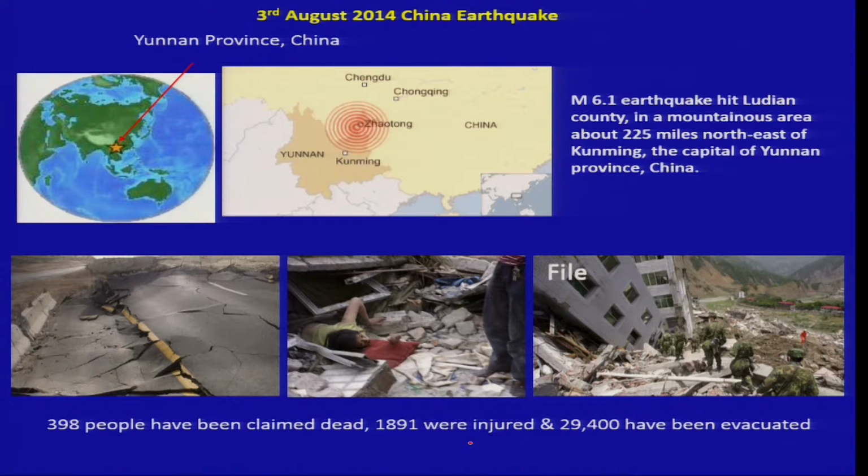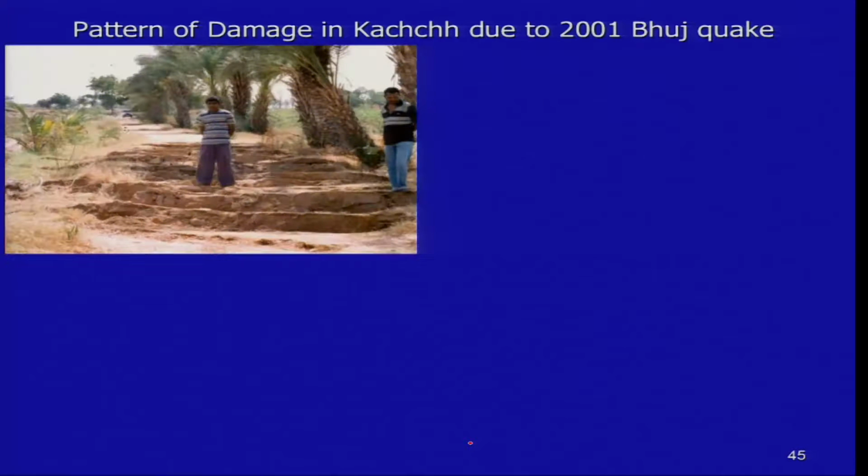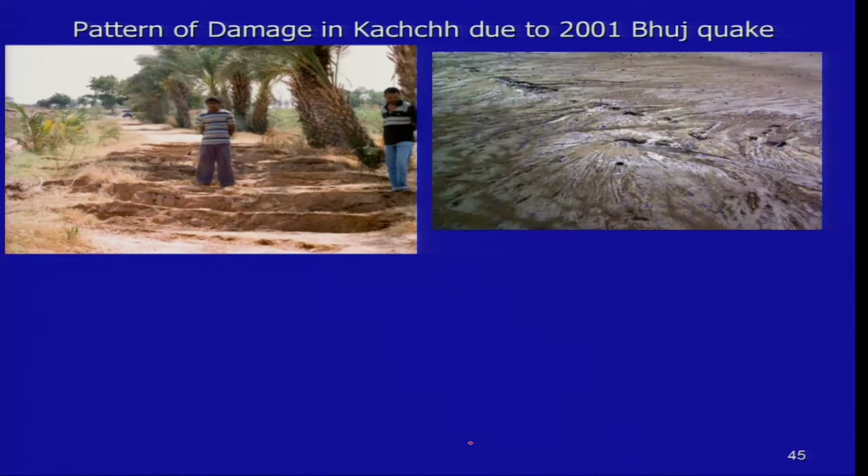Now, an example of the 2014 earthquake in China: the magnitude was not very large, it was a moderate magnitude earthquake of 6.1. It resulted in severe damage, but not many people were killed, around 398 people. And this is a pattern of damage which was experienced in Bhuj.